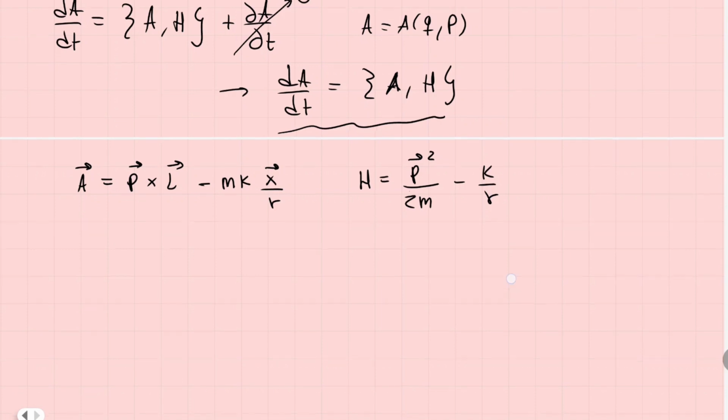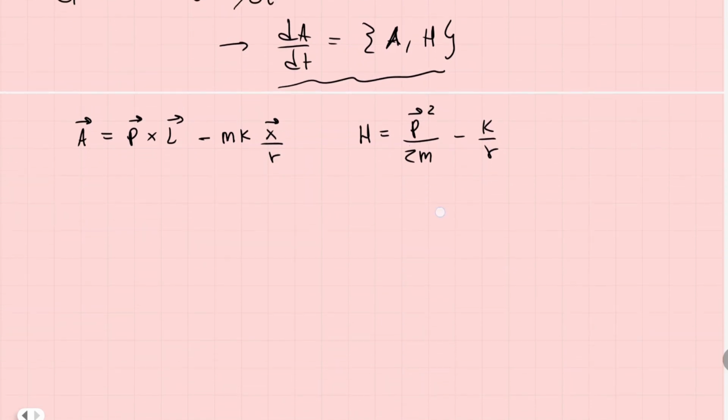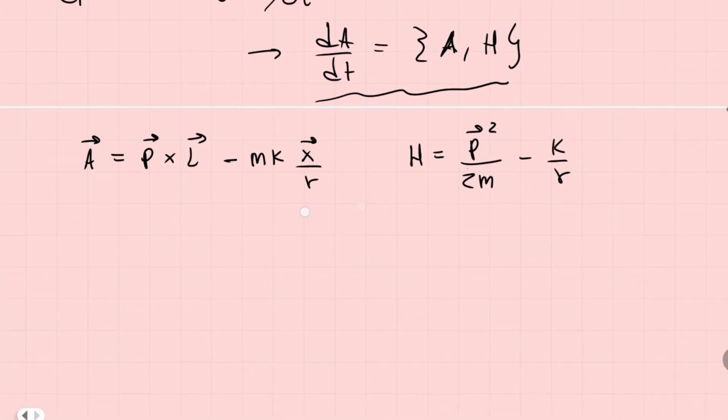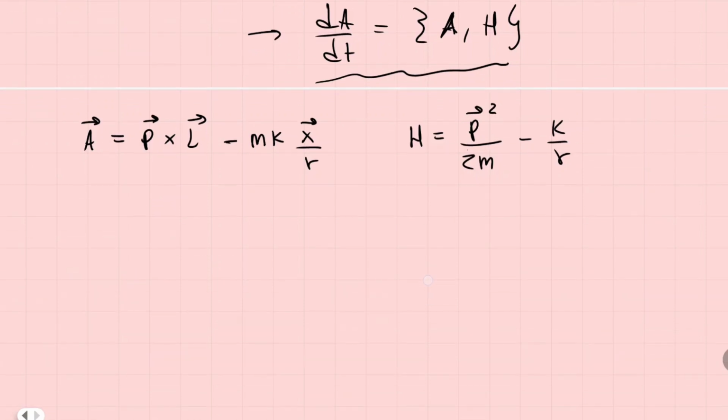Okay, so an important thing to notice here is that we calculate the Poisson brackets for two functions that are scalar functions. So looking at the Laplace-Runge-Lenz vector, we need to take a general component of that vector to calculate the Poisson brackets with H. So we are going to take a component, for example A_i, which will be the component i of this vectorial product, minus mk, with the component x_i over r.